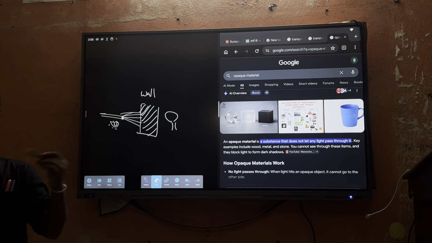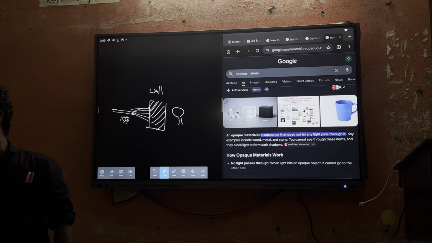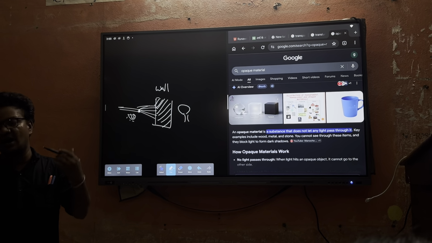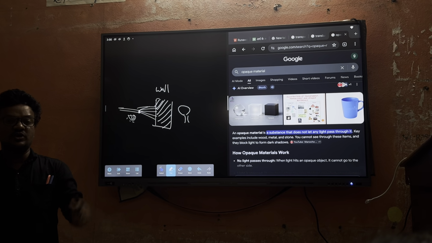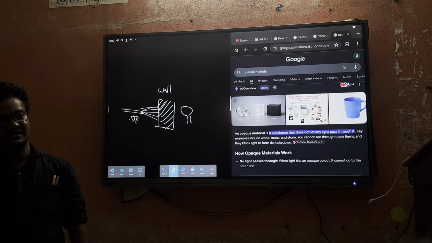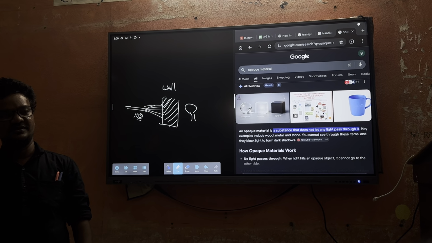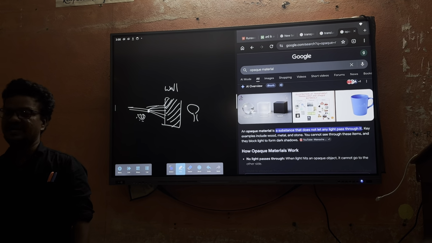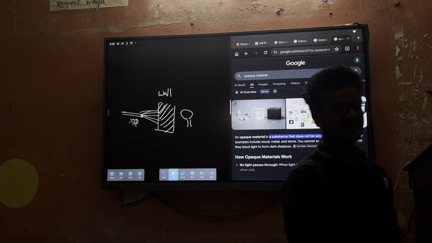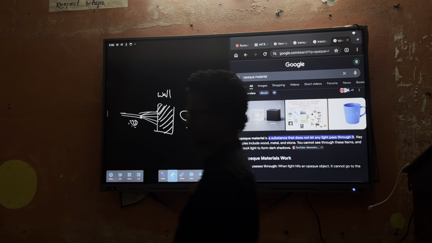Translucent: oil, rough surface glass. Opaque objects: oil paint and so on. These are the opaque object examples. Next.